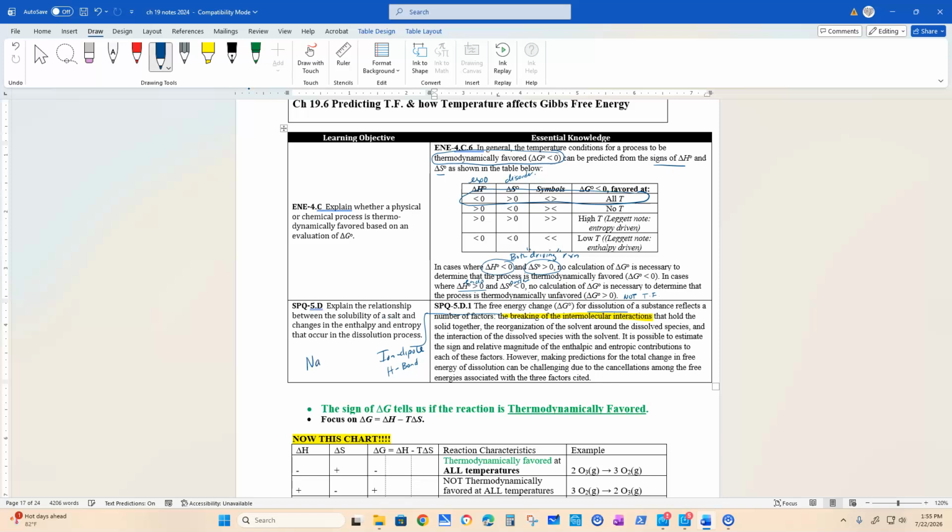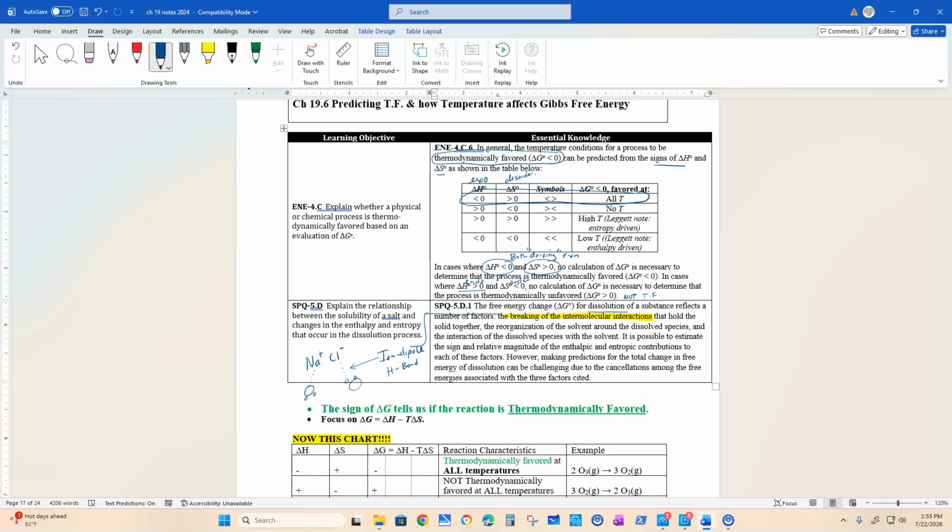Because remember with salt, Na and Cl, this Na is attracted to the oxygen part of water and the chlorine is attracted to the hydrogen of the water. So this right here, that's ion dipole, because you have an ion attracted to a dipole molecule. Okay, all about chapter 11.